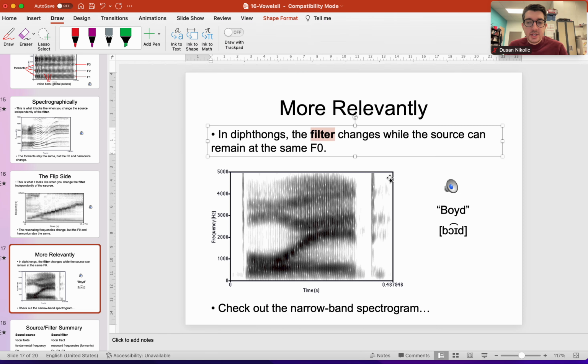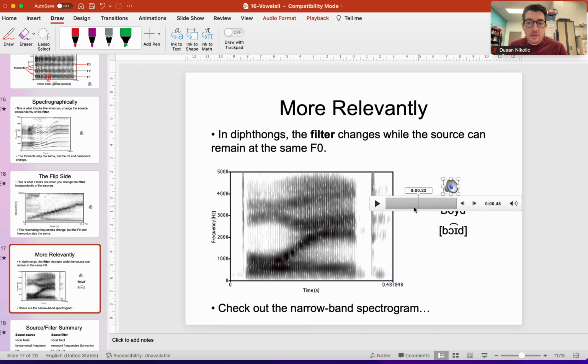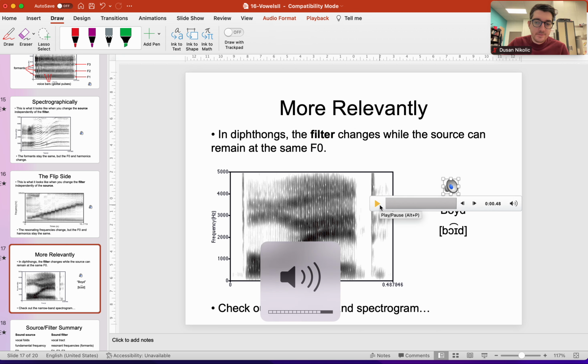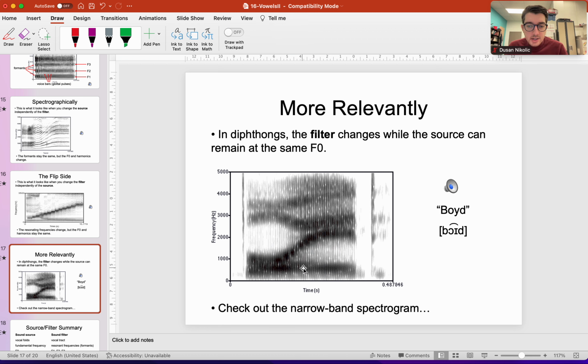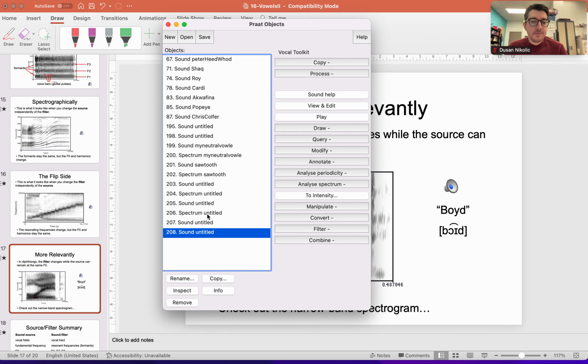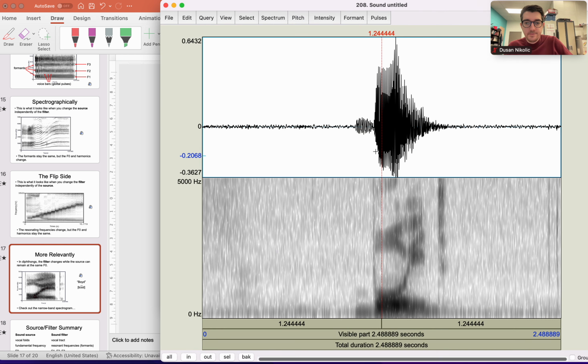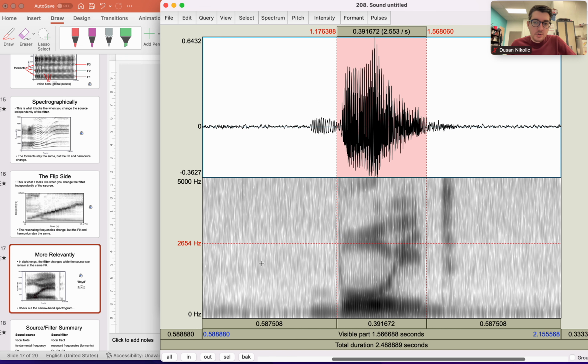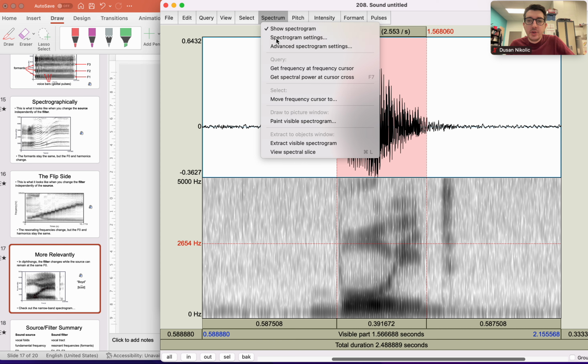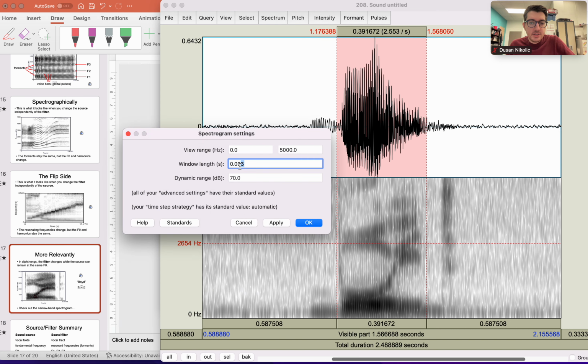And this is what it looks like for Boyd, for a female speaker. You can see here very low F1, then rising F2, right? And if we check out the narrow spectrogram, oh, this one, Boyd. Let me tweak the spectrogram settings a little bit.